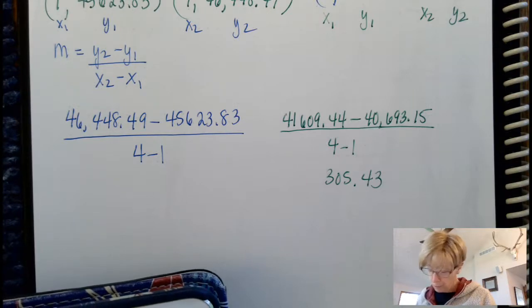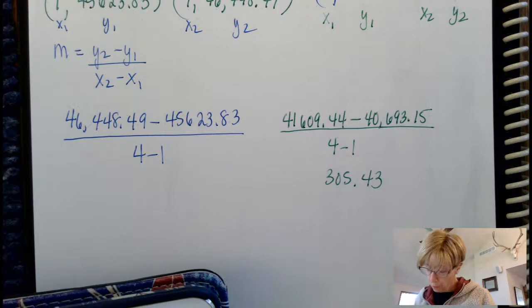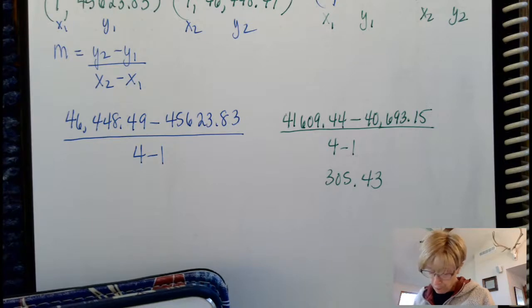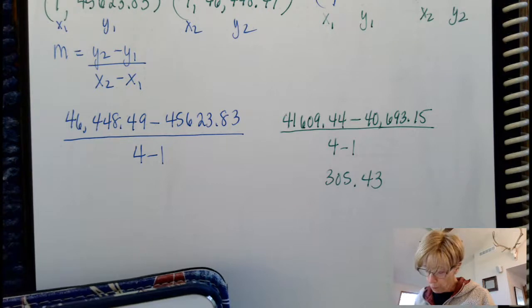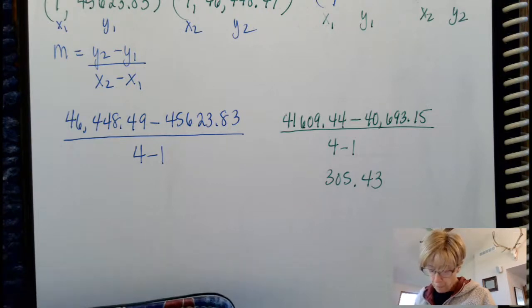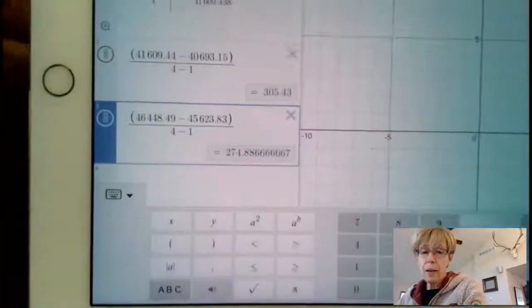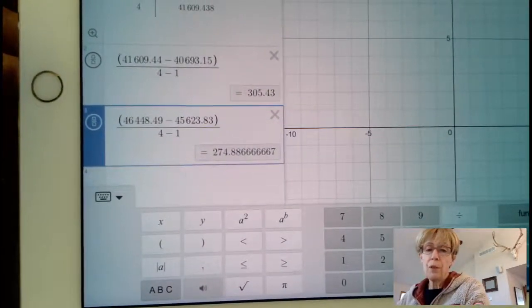We get 274.88. Which means that 305.43 is the bigger number. And again, that was coming from the equation here that we used, and that is clear.